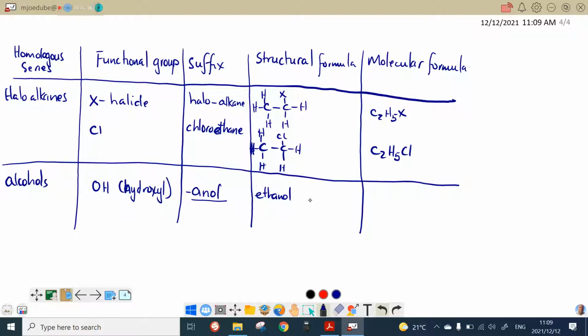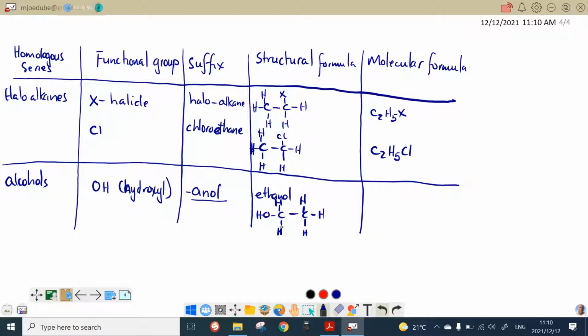The ethanol will have 2 carbons, and on one of the carbons you are going to have your OH group attached, and in this case, it's attached to carbon number 1.